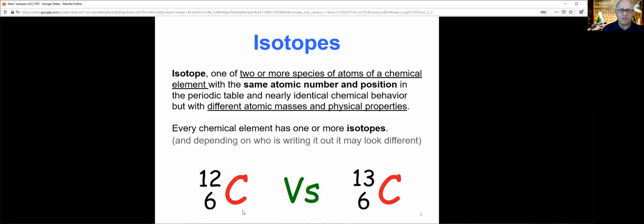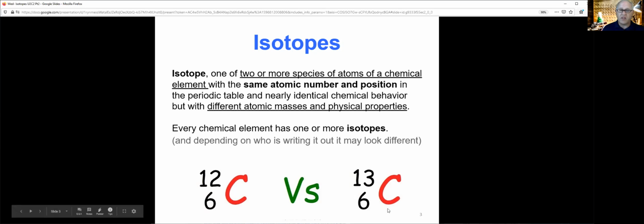It's 6 on the periodic table, and that 6 means it has 6 protons. So what I have here is carbon, and there's a 12 over here. And that 12 stands for its atomic mass. Now remember, atomic mass is the combination of protons and neutrons. So here we have carbon, and we're going to call it carbon 12.